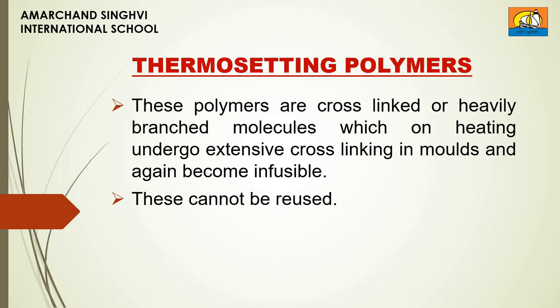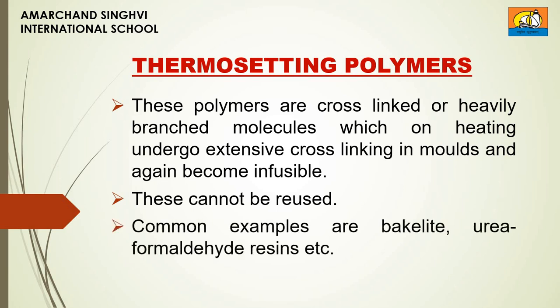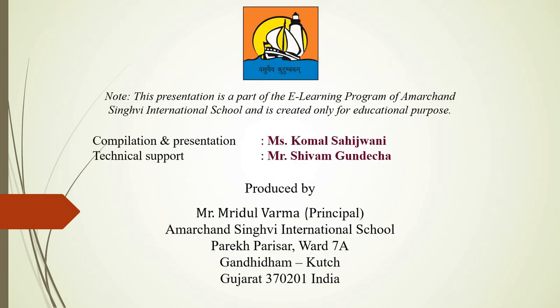So they cannot be reused once they get set. Common examples are bakelite, urea formaldehyde resins, etc. I want you all to work out the differences between thermoplastic and thermosetting polymers on your own.